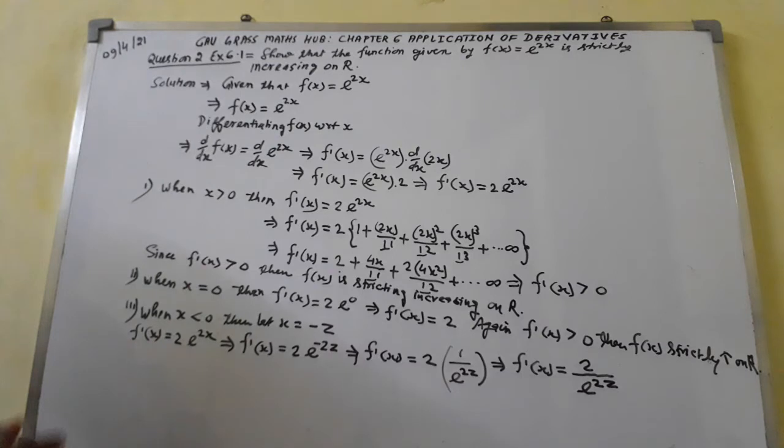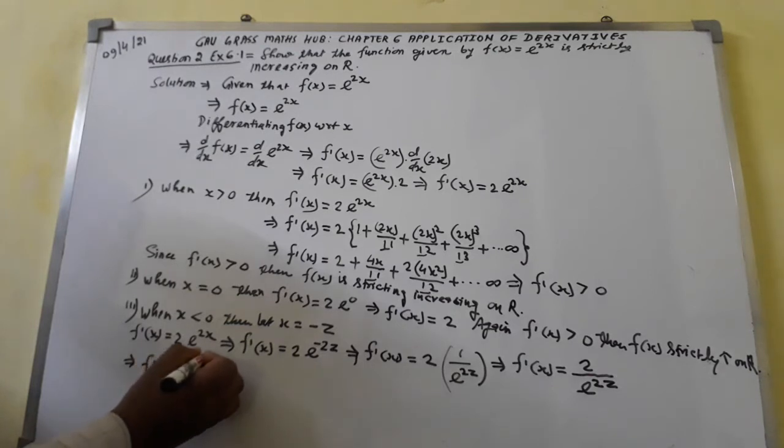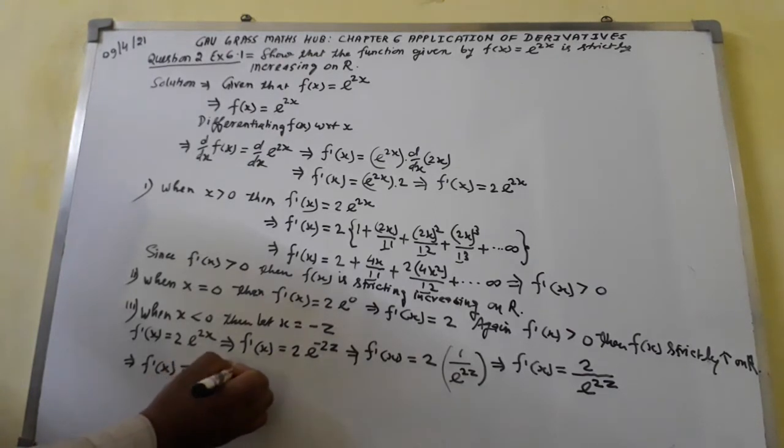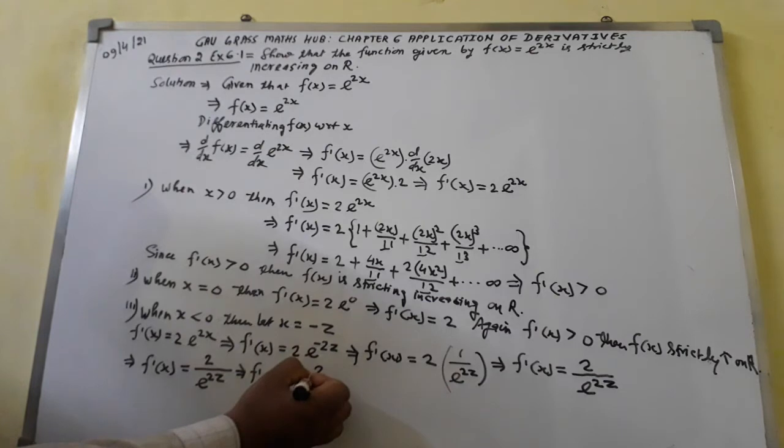Now again I shall write, implied that f dash of x is equal to 2 over e raised to the power 2z.